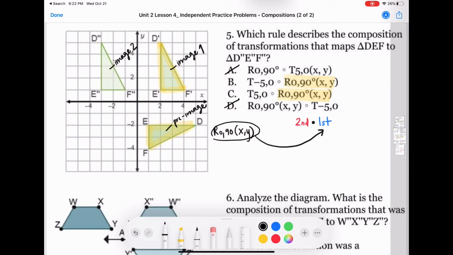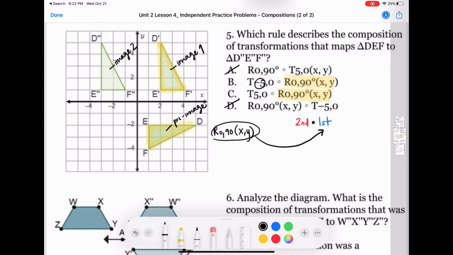We want to identify how we get from image 1 to image 2. Well, here we have two options. We have a translation by -5 units or a translation by 5 units. Well, -5 here tells us that we have a translation to the left.